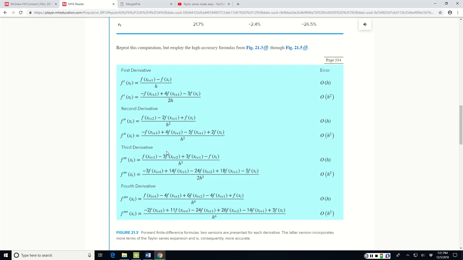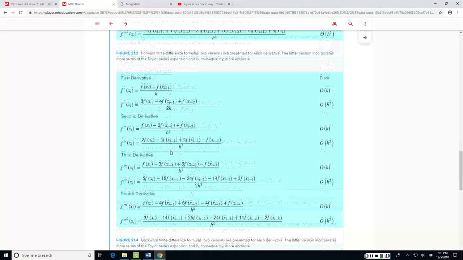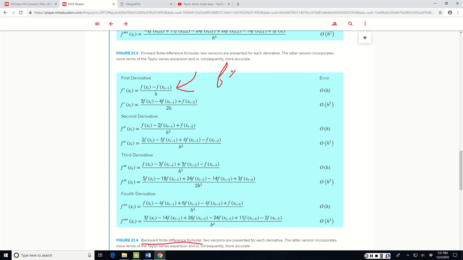So these were the forward finite difference formulas. There's another table for the backward. This table is for the backward finite difference formulas. Again, you have your regular one where you truncate at the second derivative, you truncate that term and every term after that.